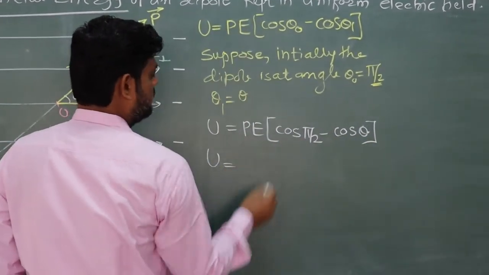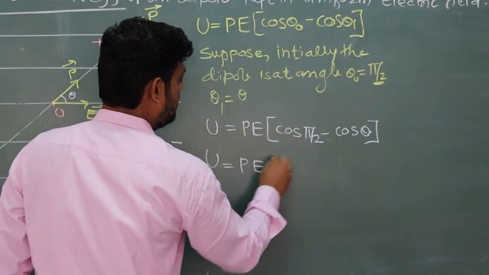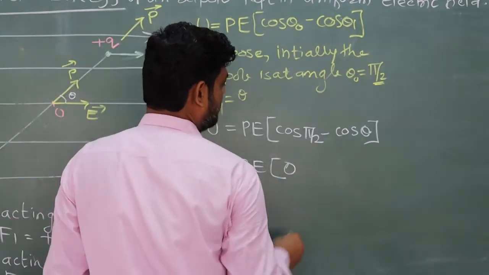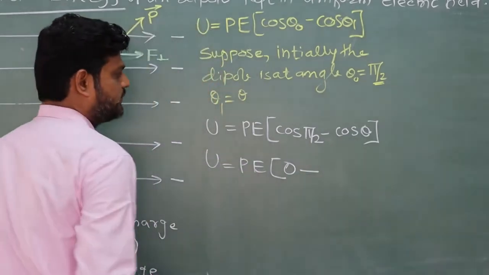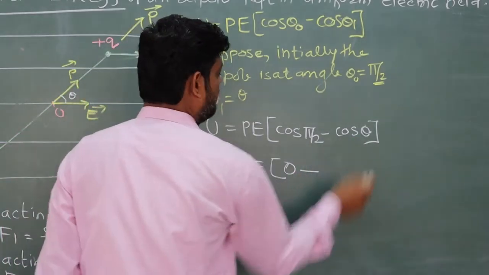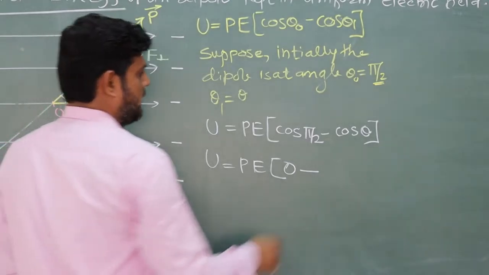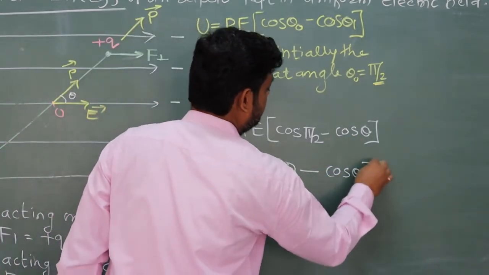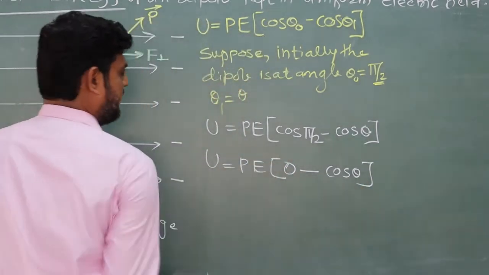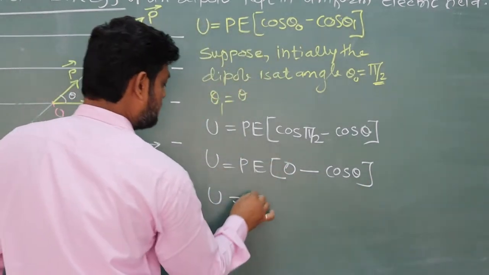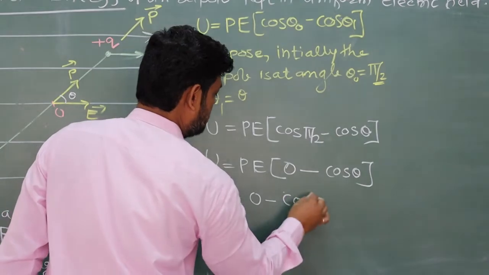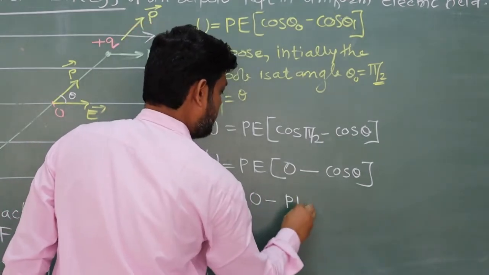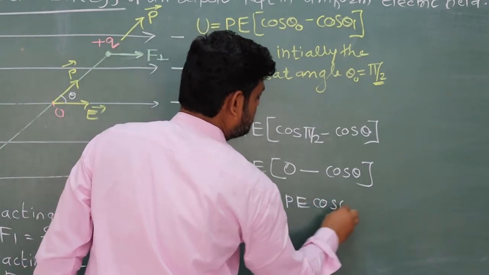So U equal to pE (cos 90, that is cos pi by 2, becomes 0, minus cos theta). Multiplying it, U equal to 0 minus pE cos theta.